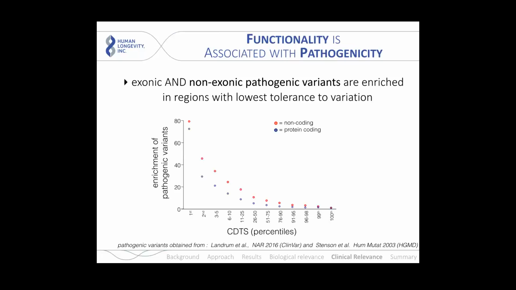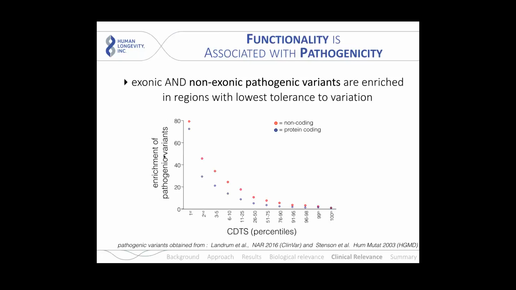And we did indeed see a very marked effect. So variants that were falling in the most functional part of the genome, so the region with the lowest tolerance to variation, were indeed highly enriched for pathogenic variants.